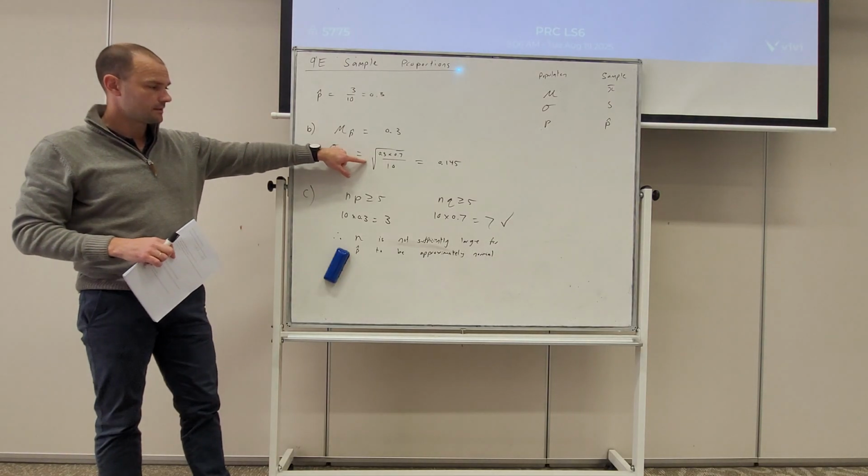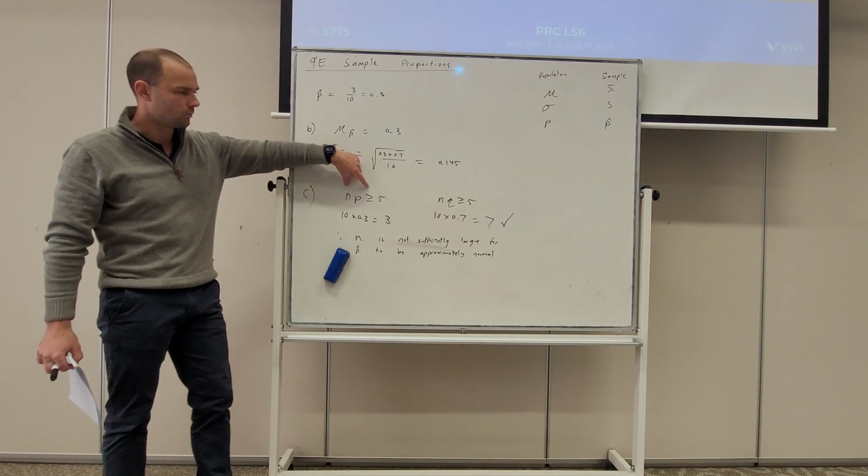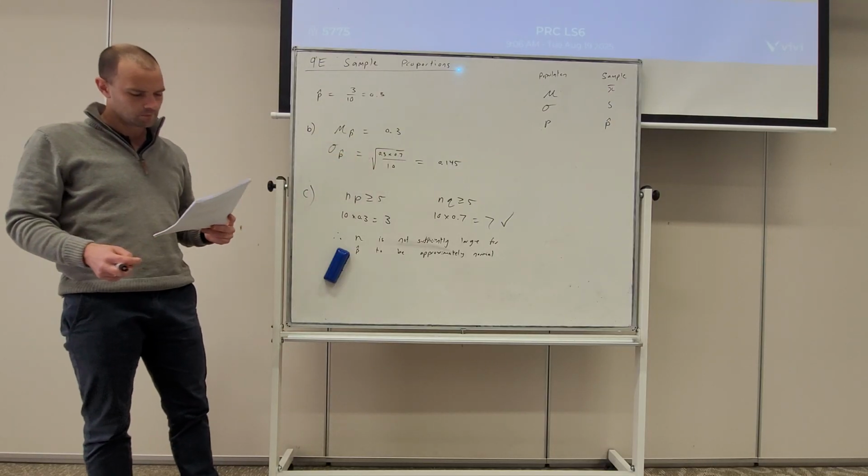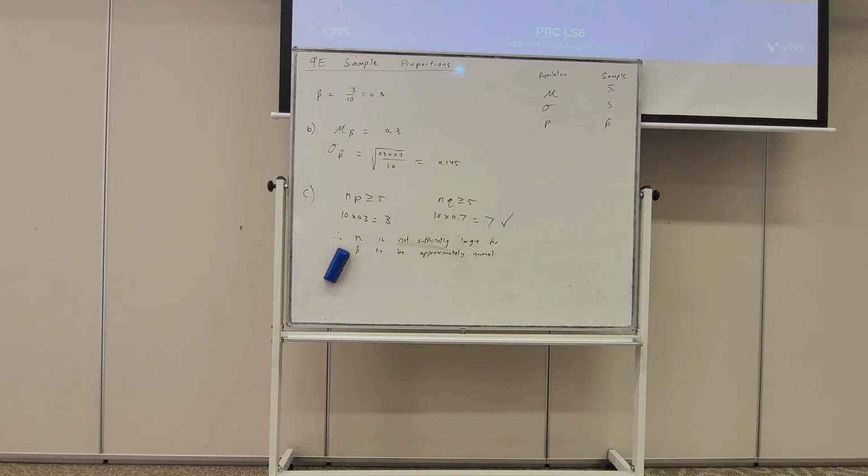It's the formula for standard deviation, and then this property here, if it satisfies both of those, we can say that it is approximately normal. Okay, so that's enough to get into 9e. Let's get started on that today.